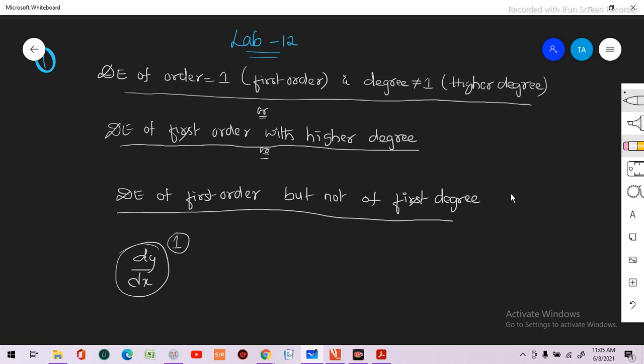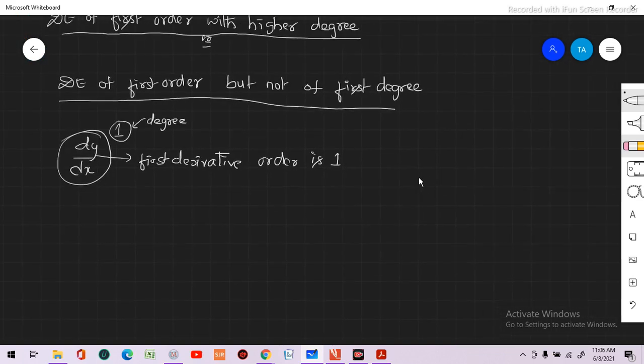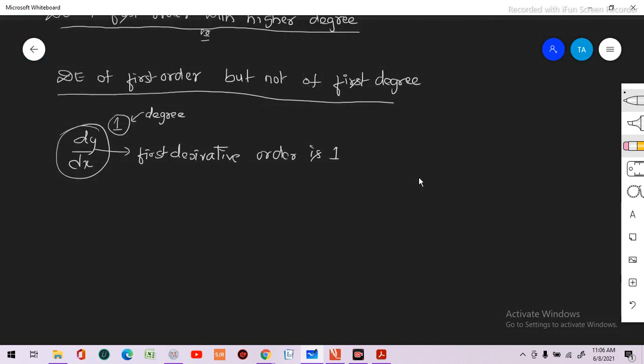So this is a first derivative, so order is 1. Now we will be dealing with dy by dx only, but the degree is not equal to 1. Everywhere it is greater than 1. Are you understanding?